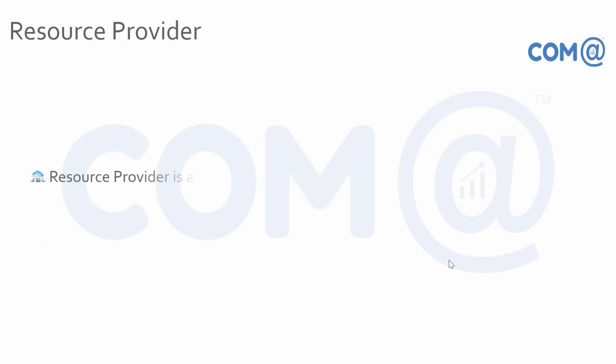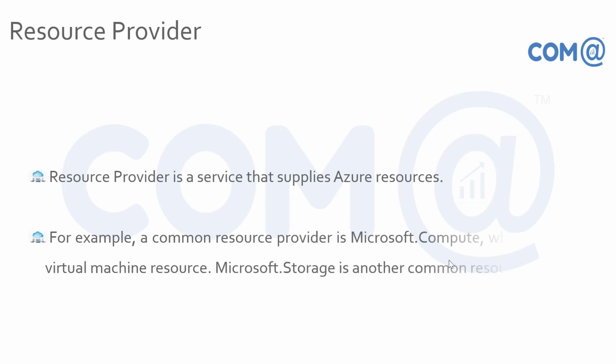And the resource provider is a service that supplies Azure resources. For example, a common resource provider is Microsoft Compute, which provides us the computing resource, that is the virtual machine. And Microsoft Storage is another resource provider which provides the storage account.